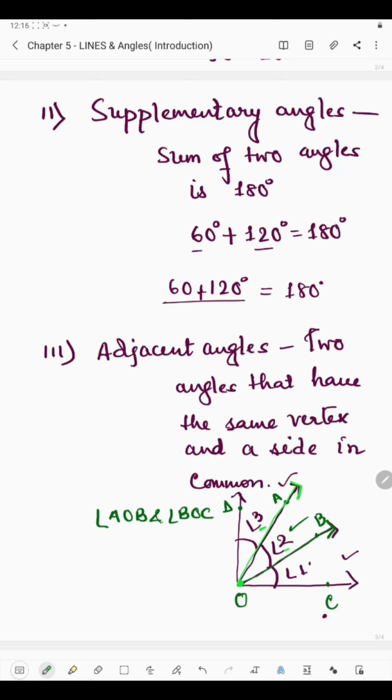Now if I ask you whether angle AOB and angle AOC are adjacent or not. See, here in angle AOB and in angle AOC one common vertex is there.